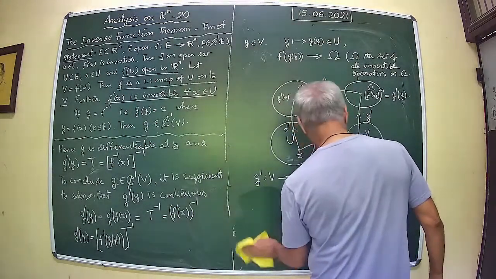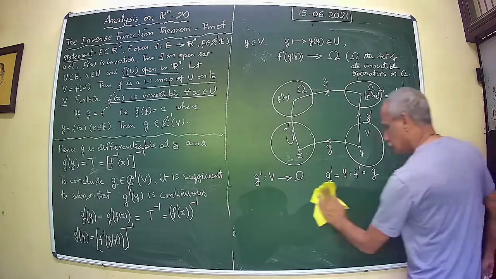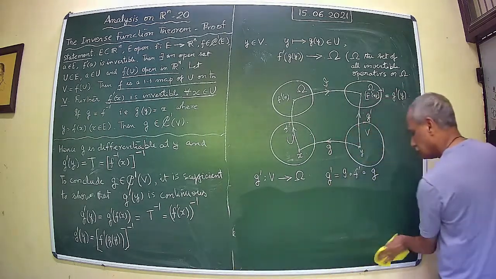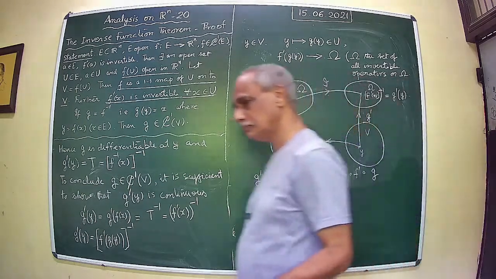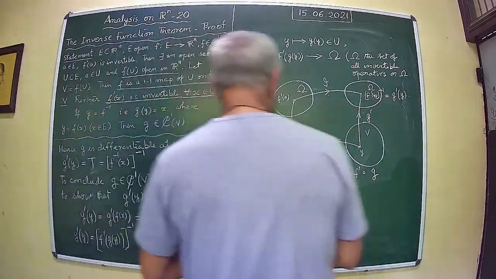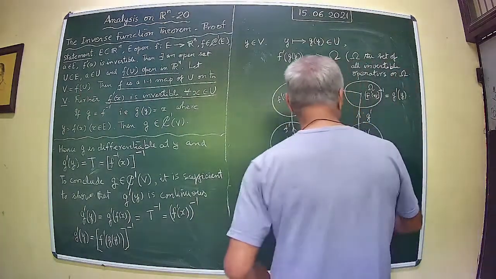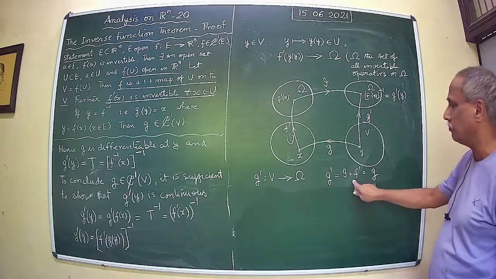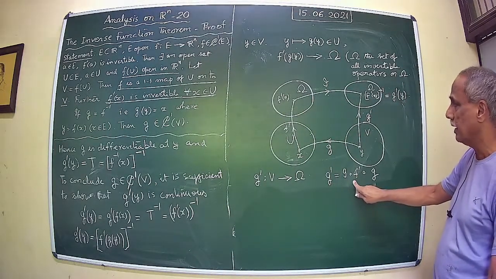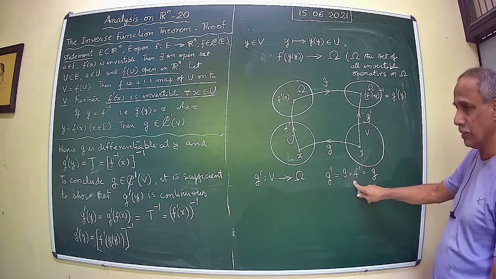What do we know? We know that G is differentiable. Therefore, this is a continuous map. And what about F prime? F prime is a continuous map.